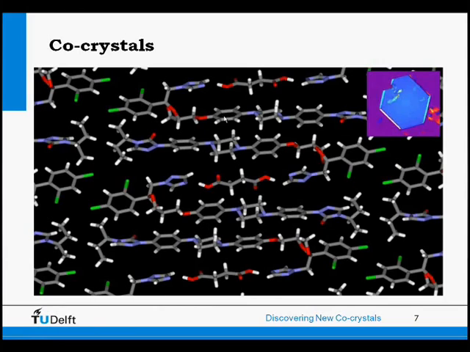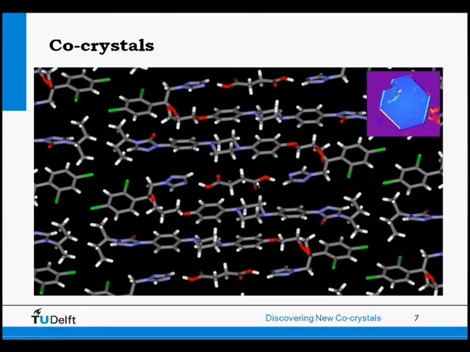And you can exploit that in real life by, for instance, looking at this molecule. This is a very large molecule for which they had difficulty crystallizing, but together with this aiding compound, this dicarboxylic acid you see in the middle, it could be co-crystallized.